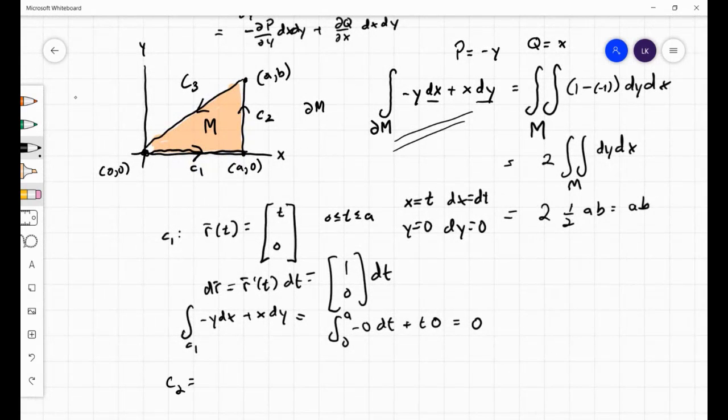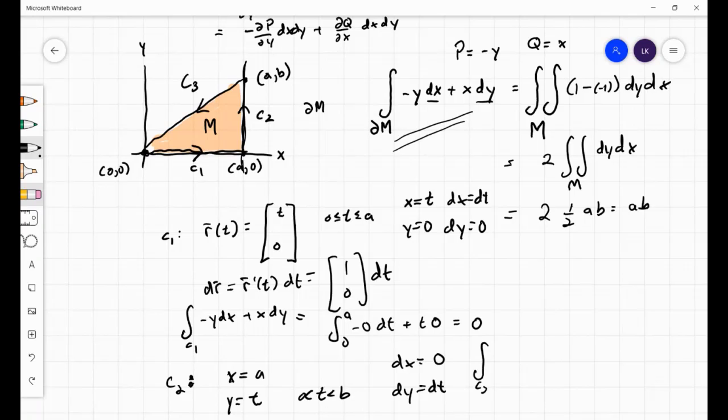So then like C2, we can say that x is fixed at a, it's constant, and y is equal to t, where t is between 0 and b. So dx is 0, and dy is dt.